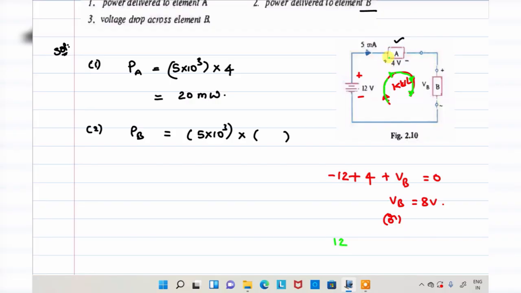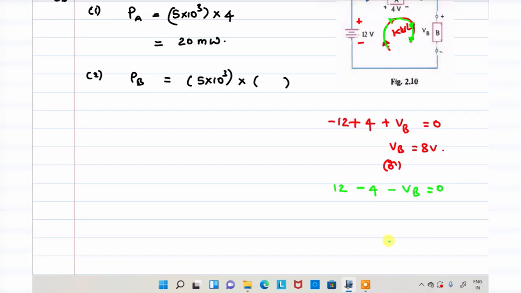Here plus to minus is a fall in potential, that will be minus 4. This one, plus to minus, is a fall in potential, and VB is equal to 0. From that, VB is equal to 8 volt. In both cases we get the same value. We can follow any convention according to your comfort.